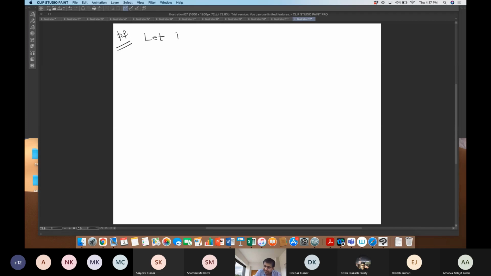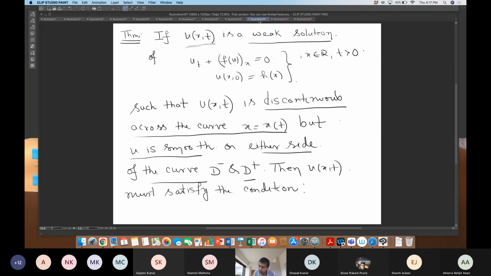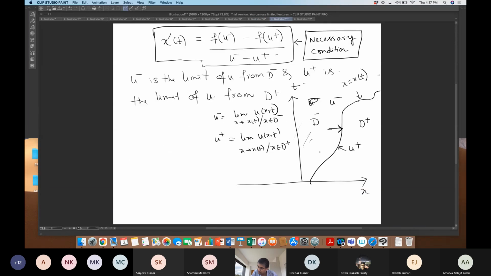Let D minus be this region, such that 0 less than t and minus infinity less than x less than x of t. You know the meaning of D minus and D plus. And also you know that U is smooth on either side. That means here U is smooth, here U is smooth.